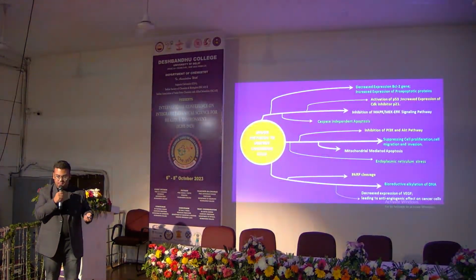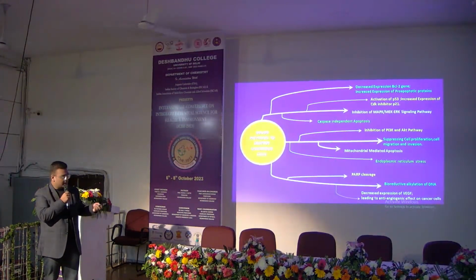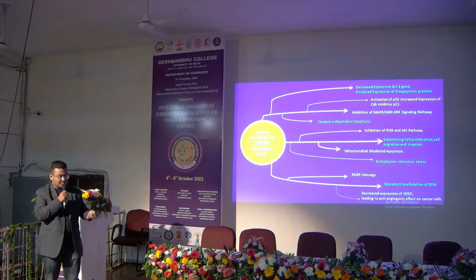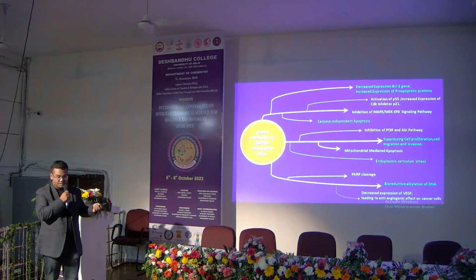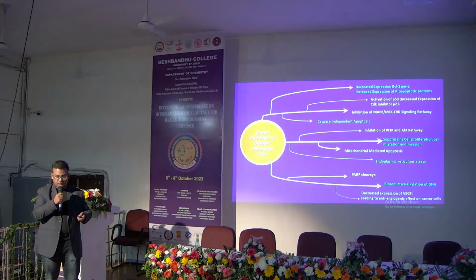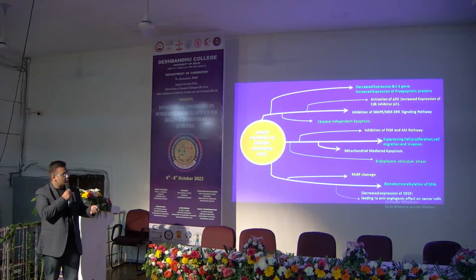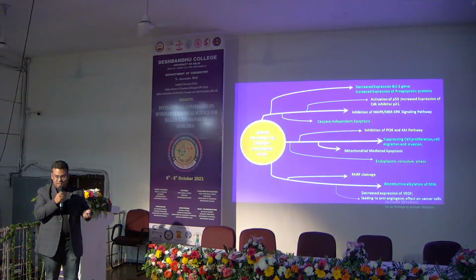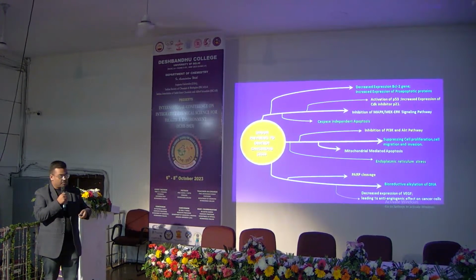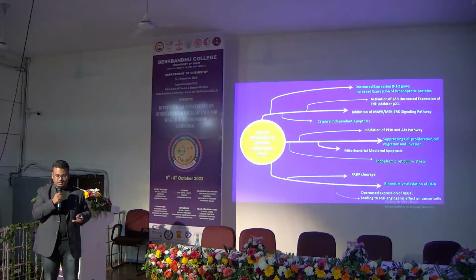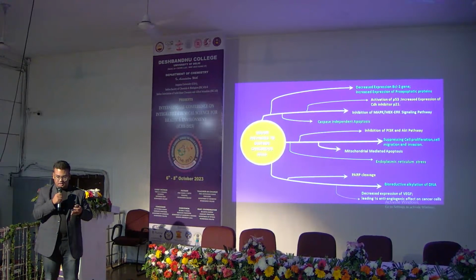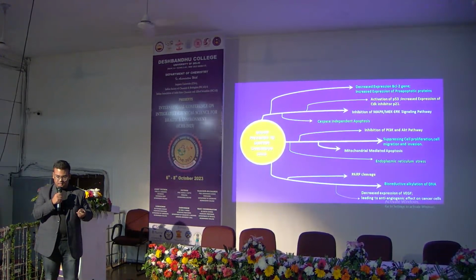These are the major pathways which the allyl containing compounds use for treating cancer. That is decreased expression of BCL2 proteins and increased expression of pro-apoptotic proteins. Then there is activation of P53, increased expression of the CDK inhibitor P21, which will help to arrest the cell cycle at the G1 phase.